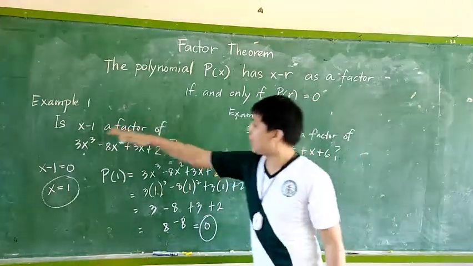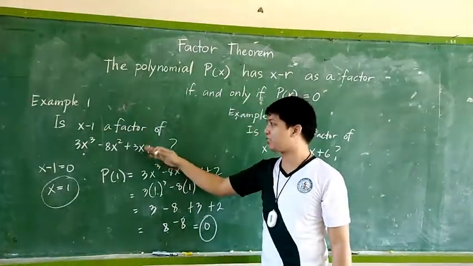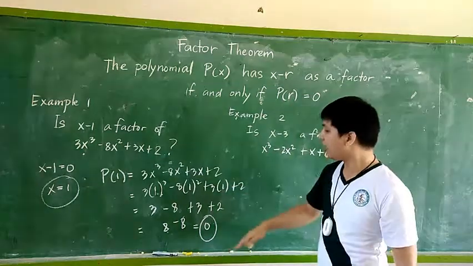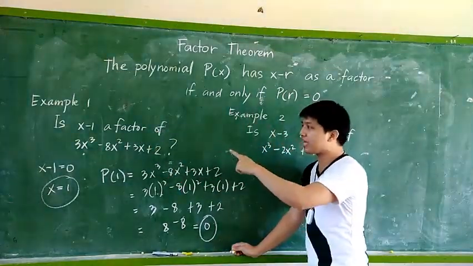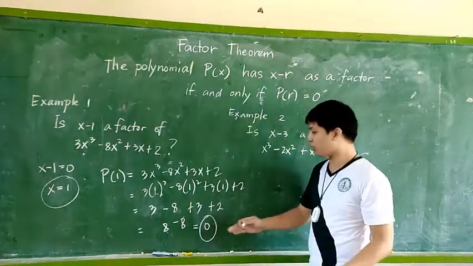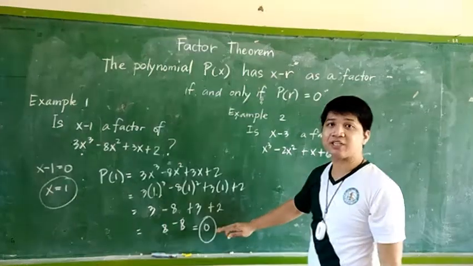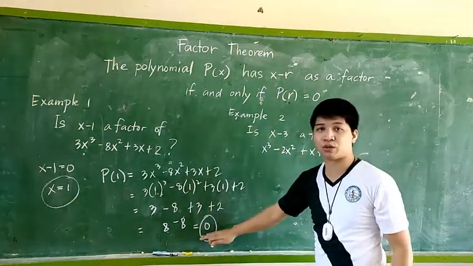So to answer the question, is x minus 1 a factor of 3x cubed minus 8x squared plus 3x plus 2? Yes, x minus 1 is a factor of 3x cubed minus 8x squared plus 3x plus 2 simply because the remainder is 0, or our p of r is equivalent to 0.